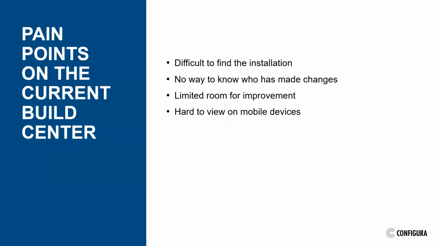There's also no history to be tracked. Anytime any kind of change is made, it happens, and then good luck figuring out how that happened. Also, just because of how it was implemented in the background, there wasn't a whole lot we could do to really improve things.